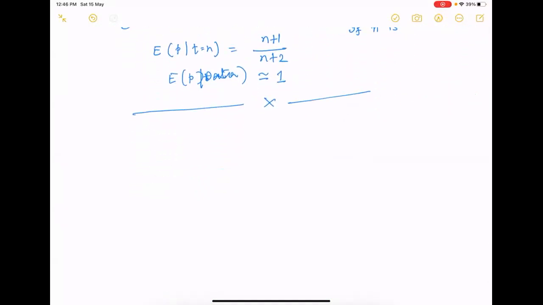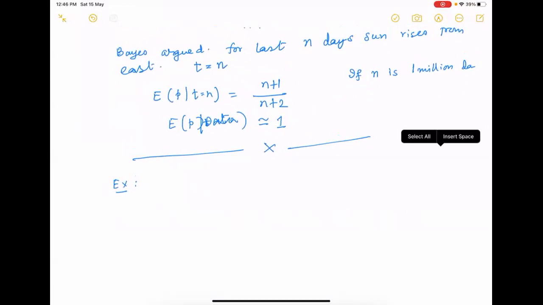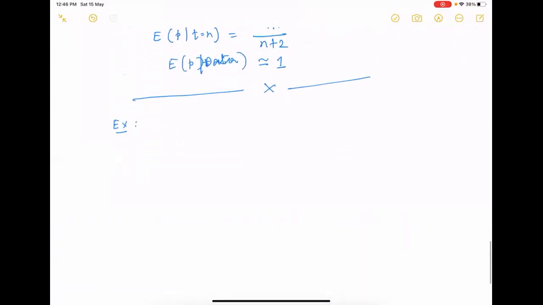Then another interesting example that I was introduced to: suppose you have only one observation, X follows Bernoulli P. Okay.